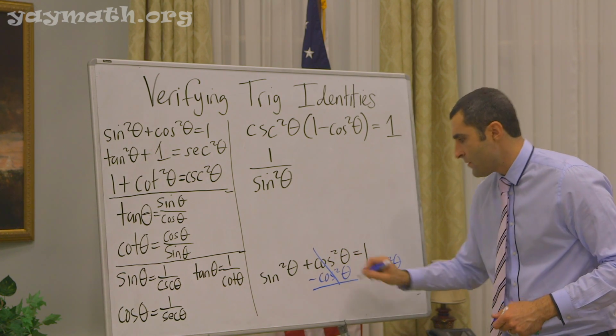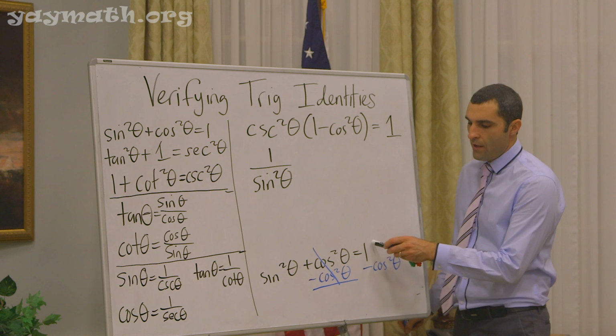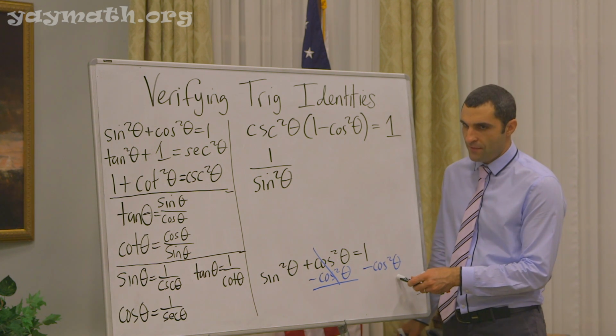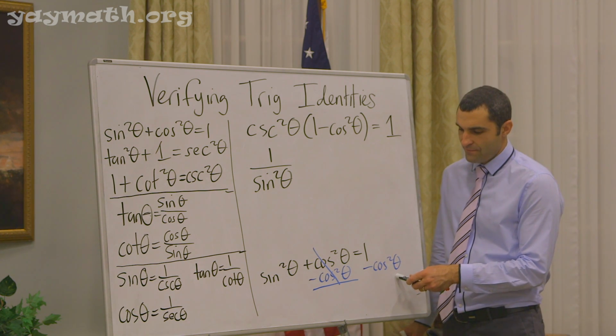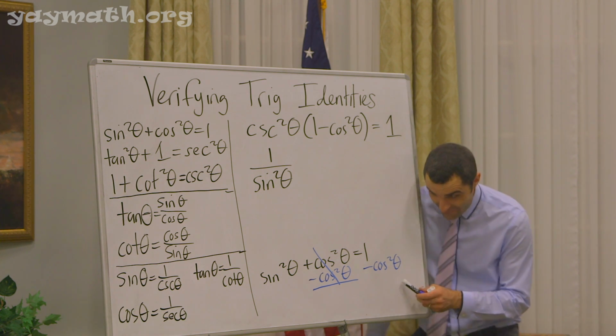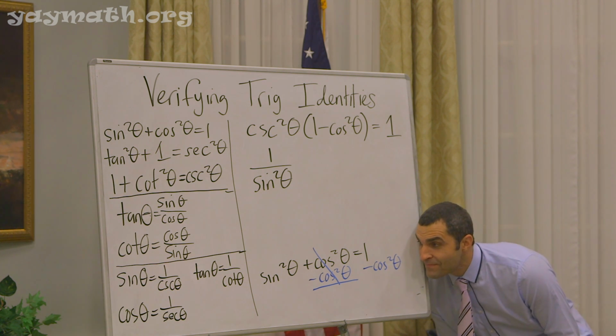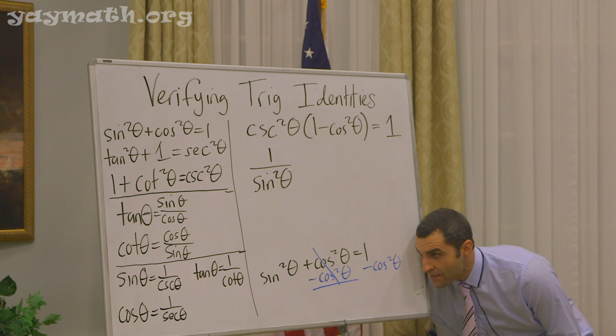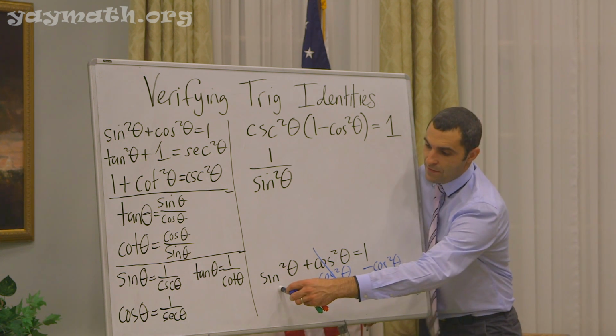So what is 1 minus cosine squared? Sine squared.